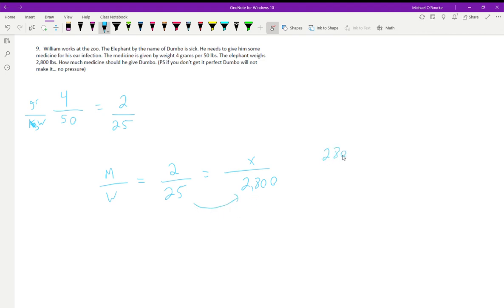So 2,800 divided by 25 equals 112. So we multiplied this by 112 to get there, so we need to multiply this by 112. So 2 times 112 equals, what's that, 224? I was going to make sure because my brain. So we need 224 grams.